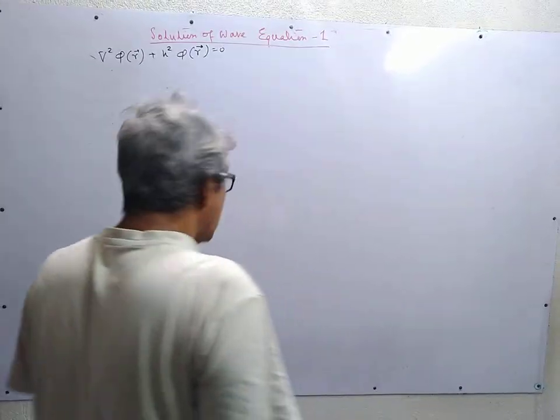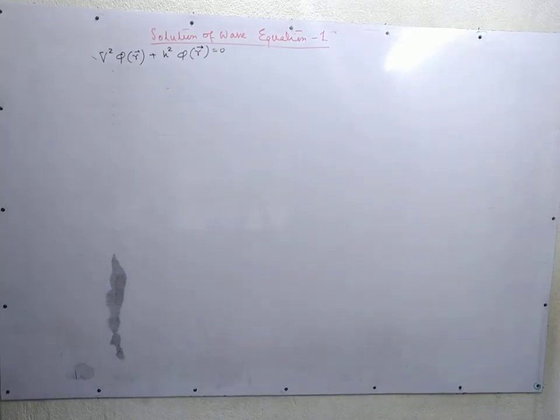So to say, the wave amplitude is independent of the polar angles theta, phi of spherical polar coordinates, and it has only r dependence. And the wave front is obviously a sphere which is centered at the point source.